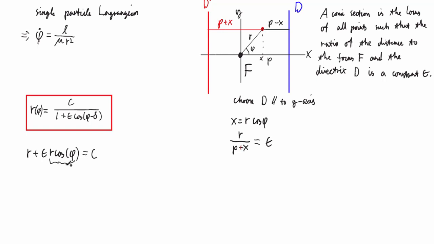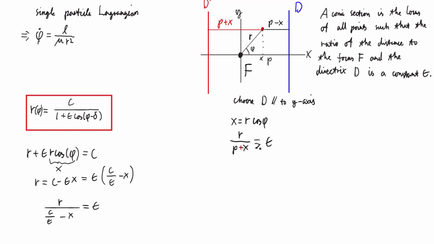Well, r cosine phi, that's x. In fact, we already defined it that way. So we get that r equals c minus epsilon x, or if you will, epsilon times c over epsilon minus x. Therefore, r divided by c over epsilon minus x should be equal to epsilon.